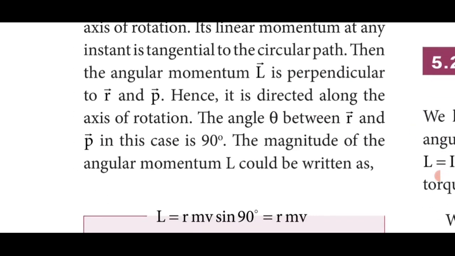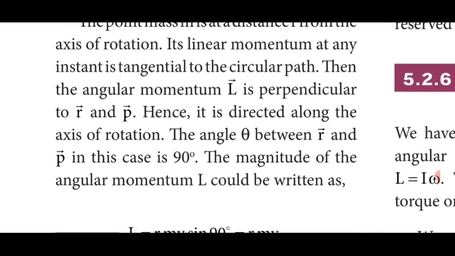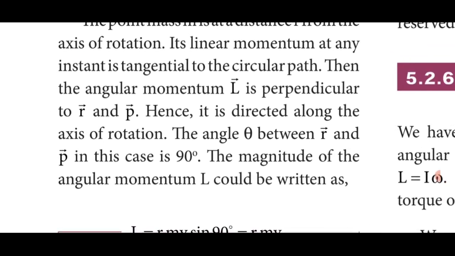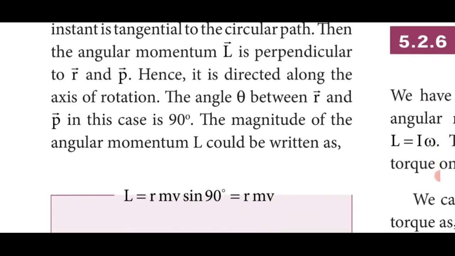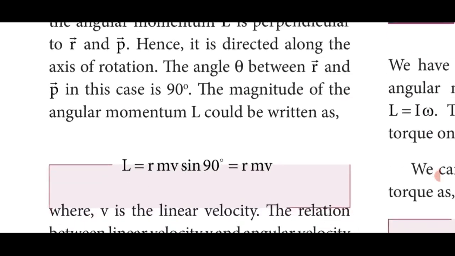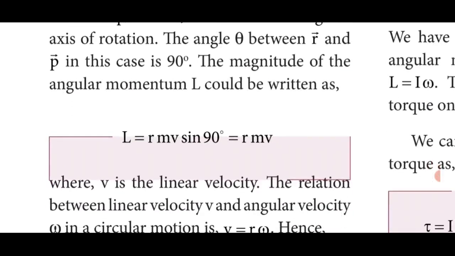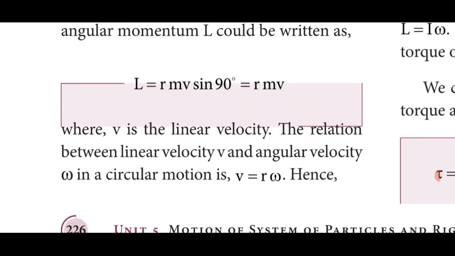Then the angular momentum L is perpendicular to r and p, hence it is directed along the axis of rotation. The angle theta between r and p in this case is 90 degrees, so the magnitude of angular momentum L could be written as L equal to r mv sin 90 degrees, that is equal to r mv, where v is the linear velocity.